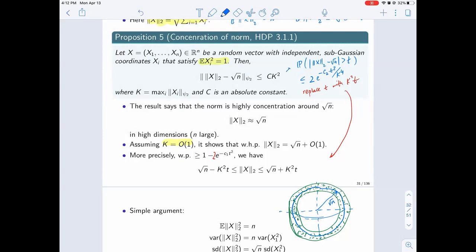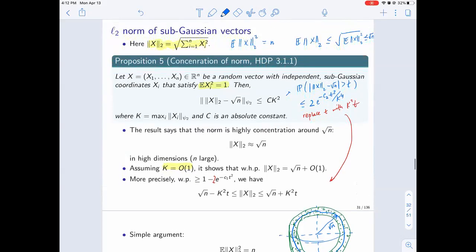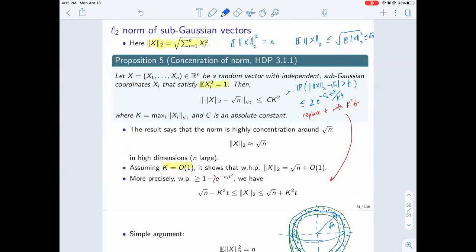The advantage of this result is it gives you a concrete bound on the norm. Generally, if they're not normalized, then yes, you would be close to the expectation of the norm of x, whatever it is.